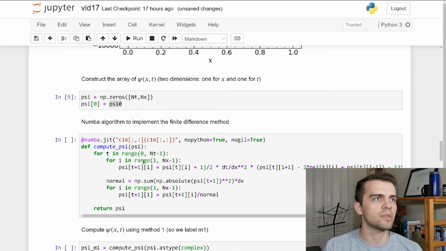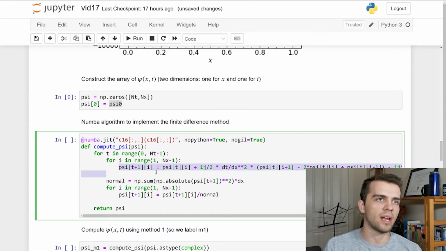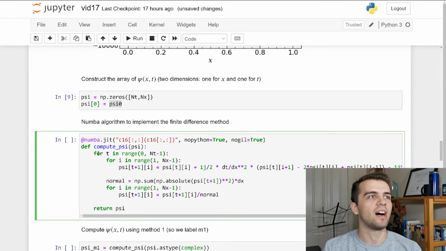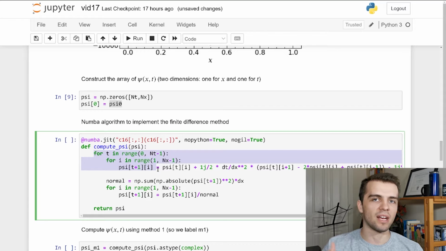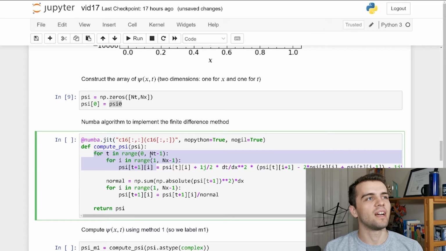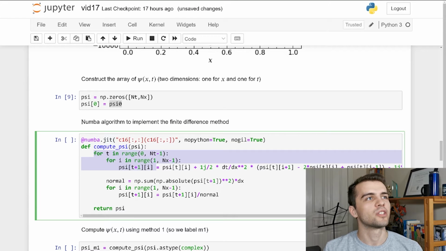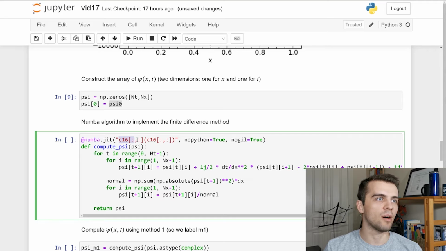And so what I do is I basically take that formula and I code it in here. So this is numba, by the way. I use numba all the time to speed things up because you can use for loops in numba and it runs pretty smoothly. If you were to try to do this just in Python, it would be very, very slow. So I use numba to implement the finite difference method. I use complex data types.